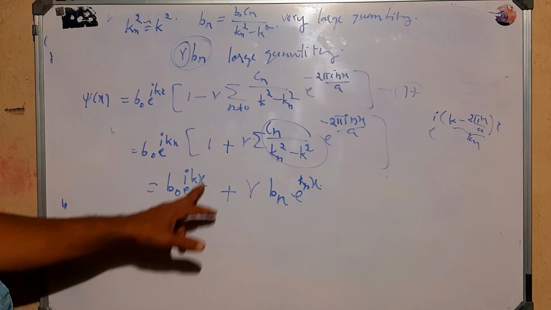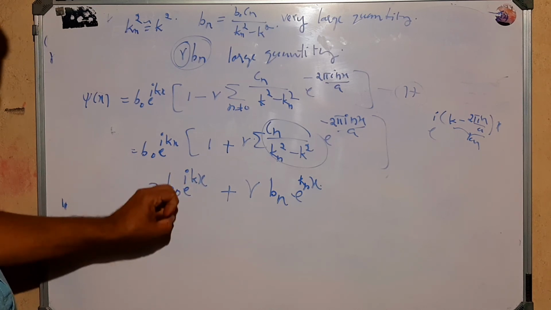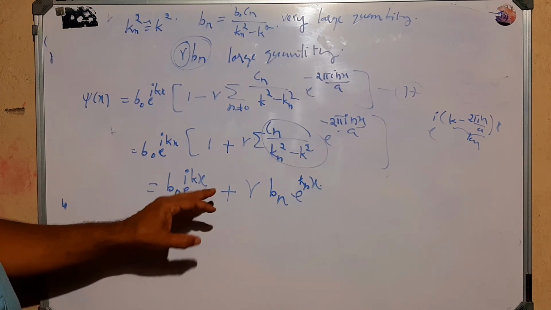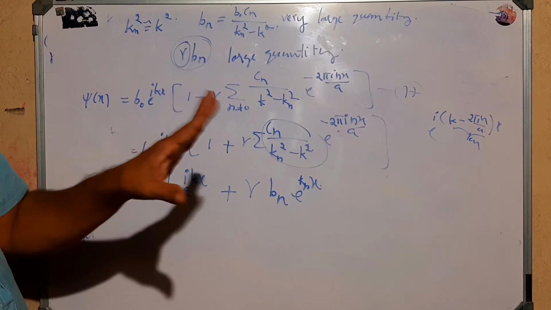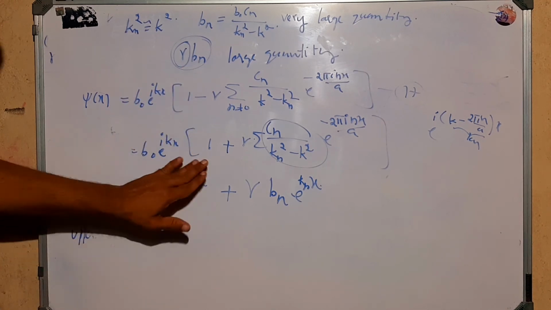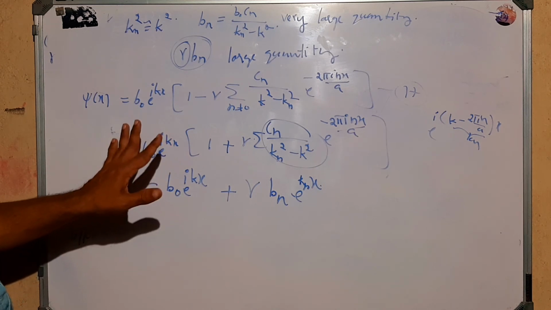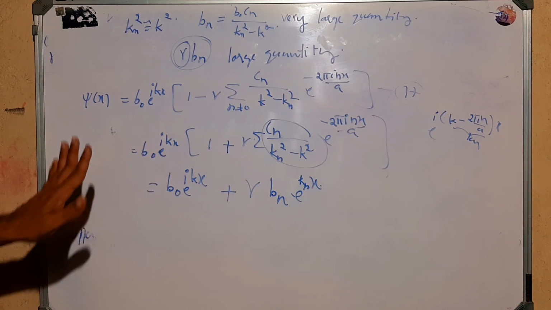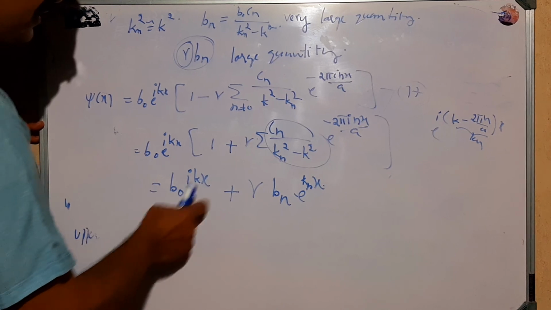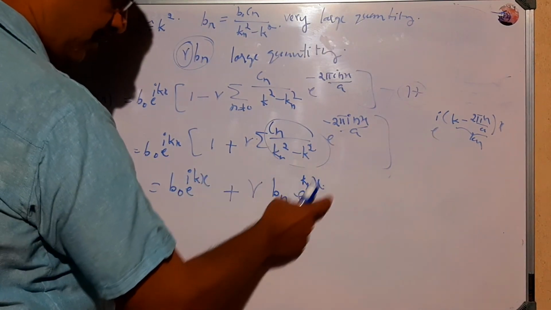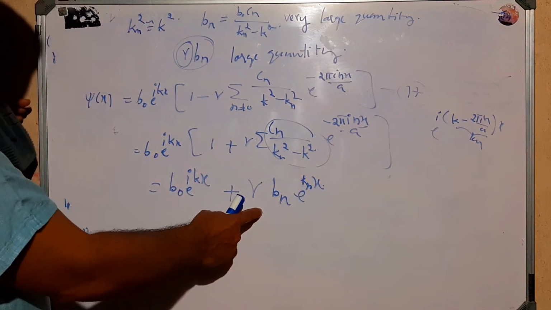What you are observing here is that the wave function is composed of two terms. One is the electron behaving like a free particle, not perturbed by any potential when it is moving inside the metal. The second is the effect of perturbation.